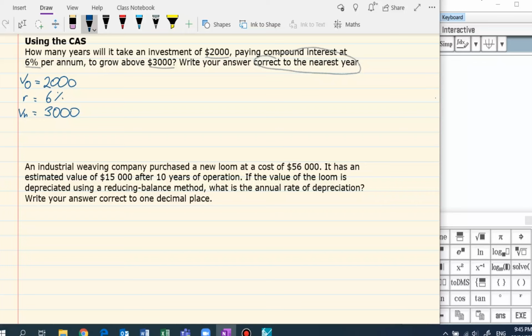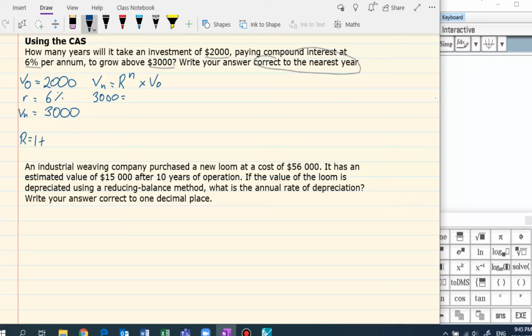So our rule's Vn is equal to R to the power of n times V0. We've stated that Vn's 3,000. Big R is going to be, so it's paying compound interest, so it's going to be growth.